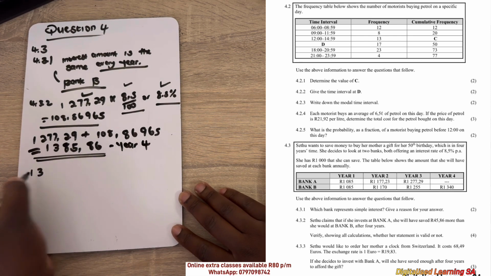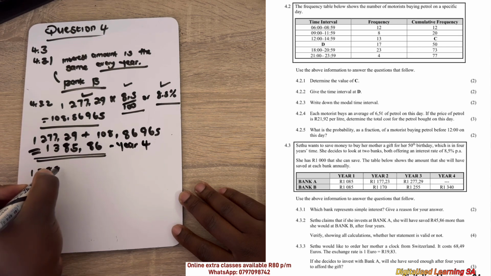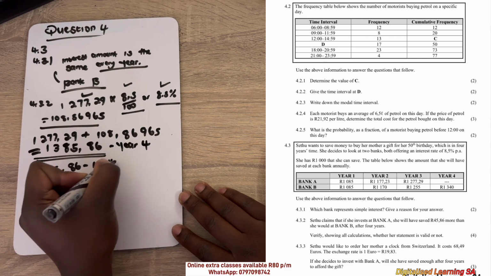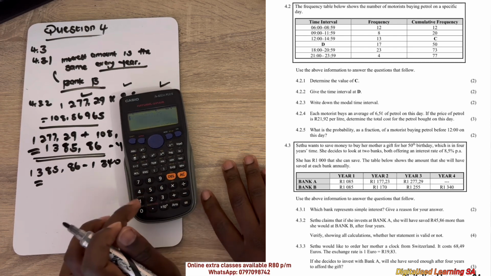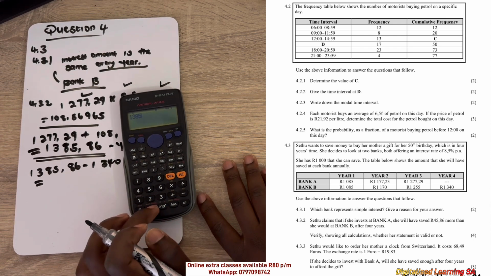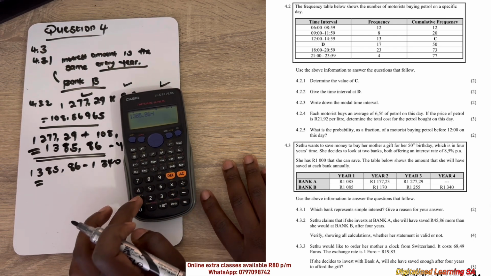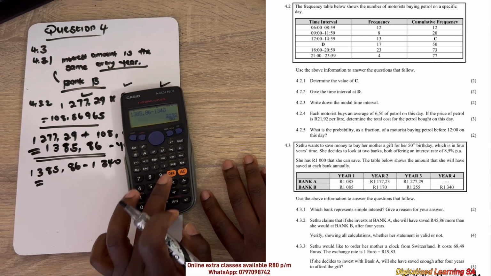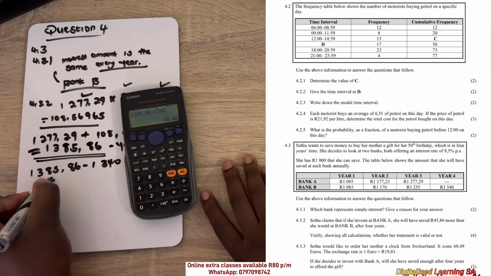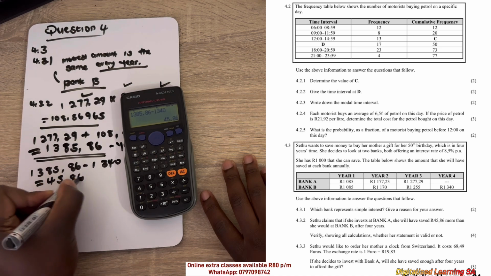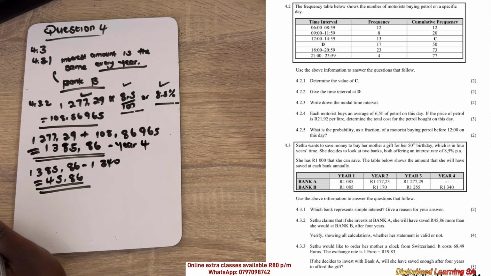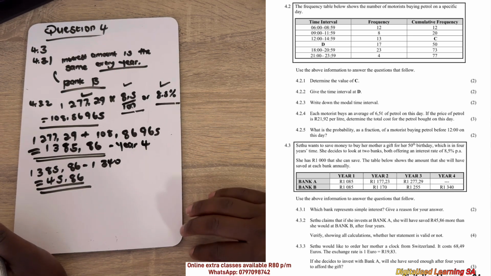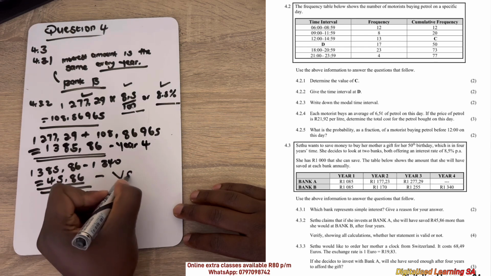So we find the difference: 1,385.86 minus 1,340, and we can see that our answer is 45.86. So this is the difference. So we can say that her statement is valid.